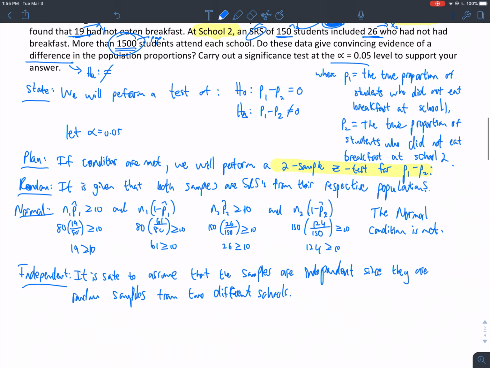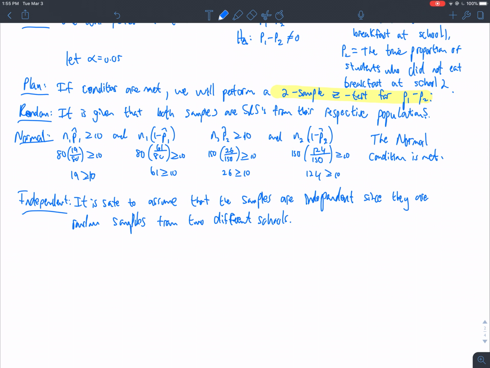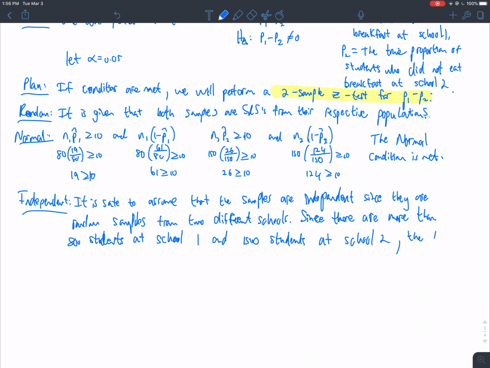And so we can just say, since there are more than 800 students at school 1 and 1,500 students at school 2, the 10% condition is met.